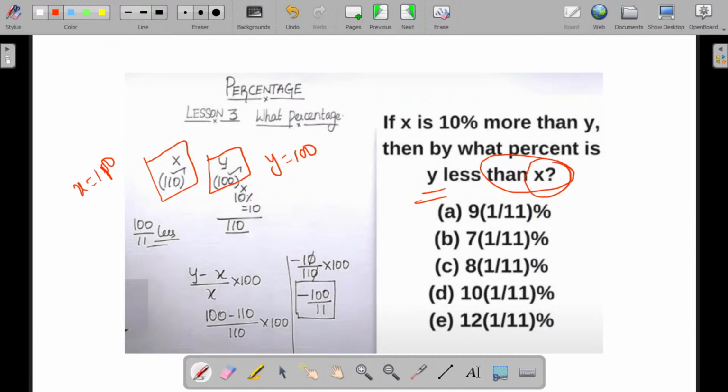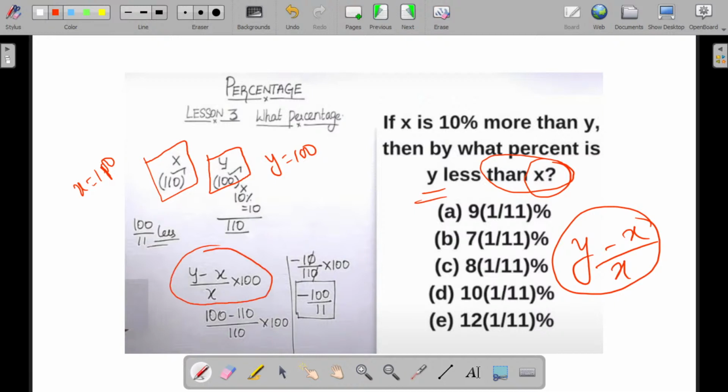This x will come to the denominator and also the second term. So (y minus x) by x into 100. The value of y is 100 and x is 110, so we will get minus 100 by 11.